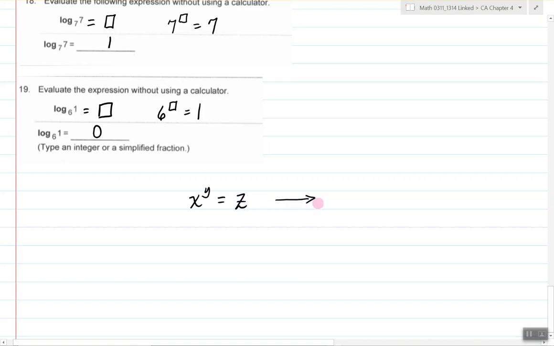And I say, would you write that in log form? You would say that is log base x of z is equal to the exponent y. It's very important that you be able to switch back and forth between those forms. And that is the first thing we're going to do with logarithms.